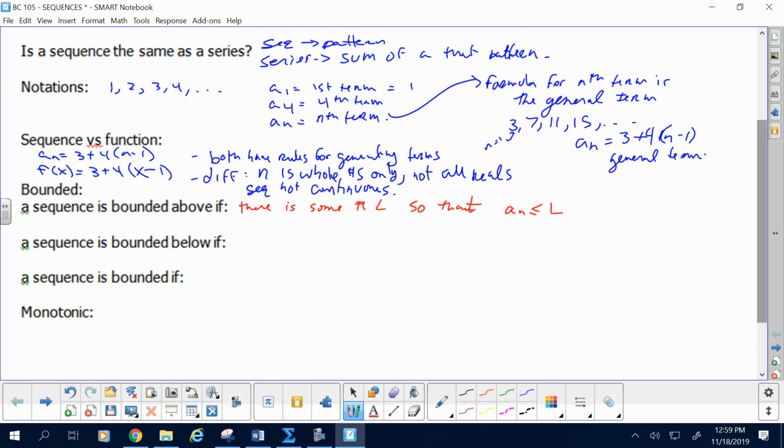A sequence is bounded below if there is some number L so that a sub n, or all terms, are greater than or equal to that bottom floor.